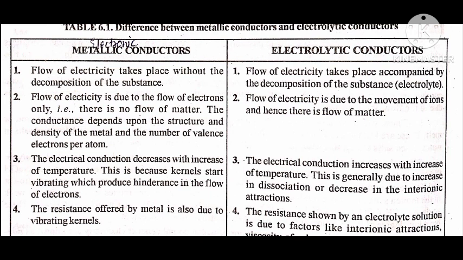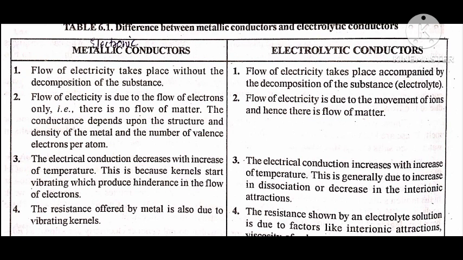Flow of electricity is due to the flow of electrons only, there is no flow of matter. The conductance depends upon structure and density of the metal and the number of valence electrons per atom. Third is the electrical conduction decreases with increase of temperature. This is because kernels start vibrating, which produces hindrance in the flow of electrons. The resistance offered by metal is also due to vibrating kernels.